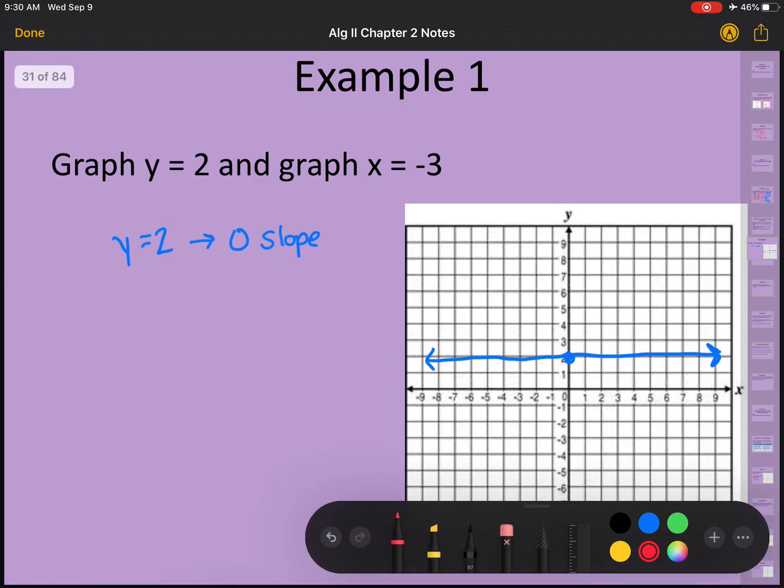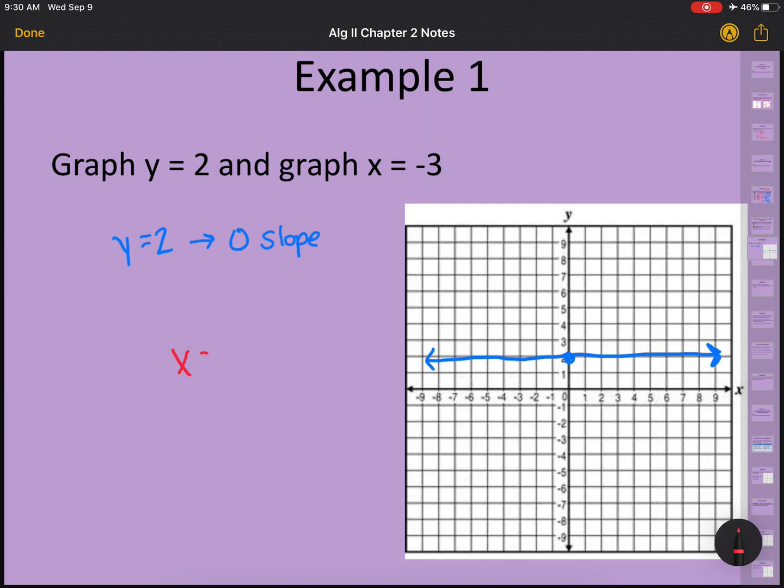But x equals negative 3, well, if I find the x-axis, I'm plotting it on negative 3. If I were to make that horizontal, that would be my x-axis, and that's not right. So with x values on the graph, these are vertical lines.